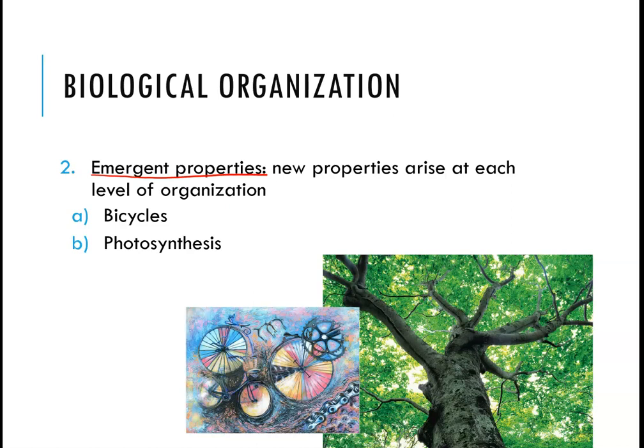They wouldn't be functional as a bicycle. But when we organize them in a particular way, we get a new level of organization and we get new properties. Once you arrange them in the proper way, you get new function. You get a working bicycle. So that's one way that we can illustrate emergent properties.